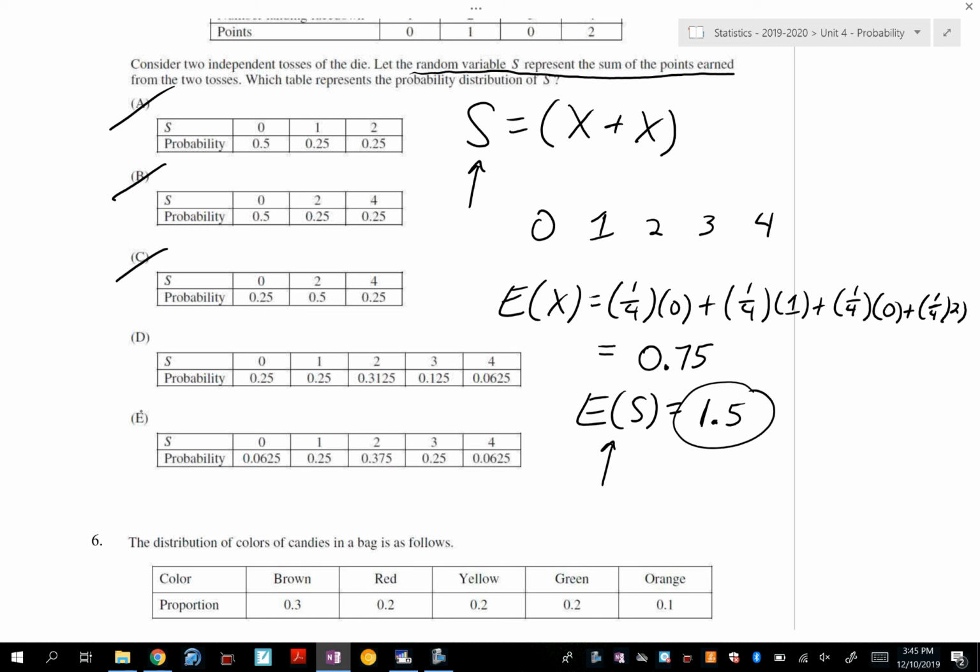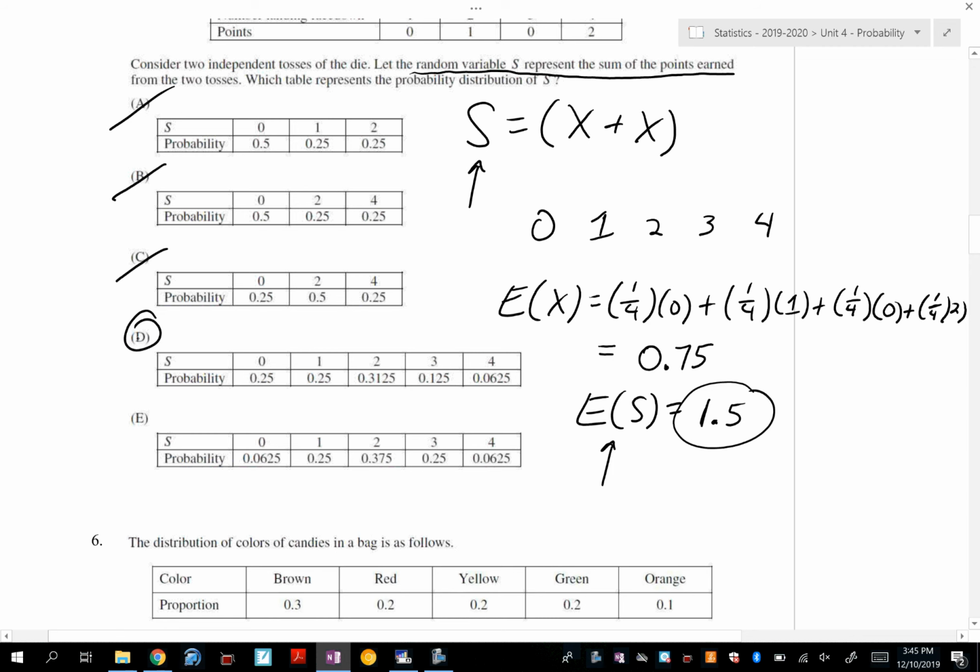Yeah. Sure. No, I got the answer is D. Yeah, D. D's the answer. This one is over 1.5. This one's over. I think it's like 1.7 something. You got D? Okay.